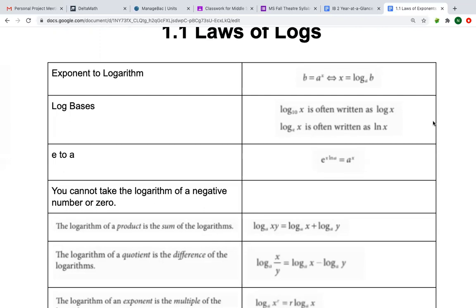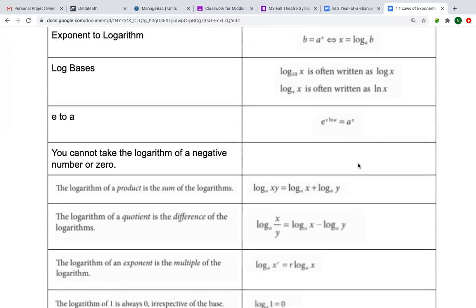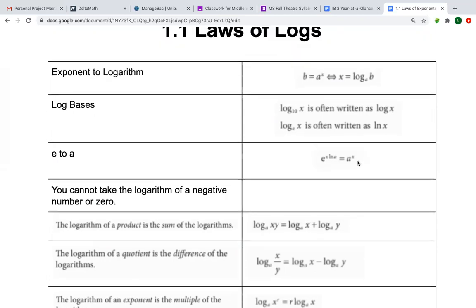Similarly, if you need to convert natural logs to normal logs, then you can use this formula here. You will probably not use that very often on your exam, but that one is given to you in your formula booklet. So you would just apply it very similarly to what we did with the exponent to logarithm formula.